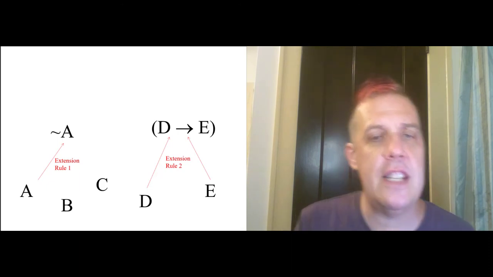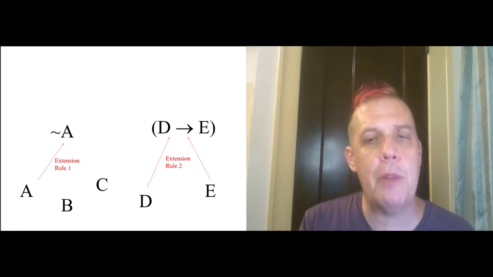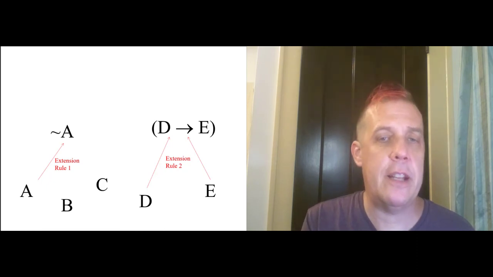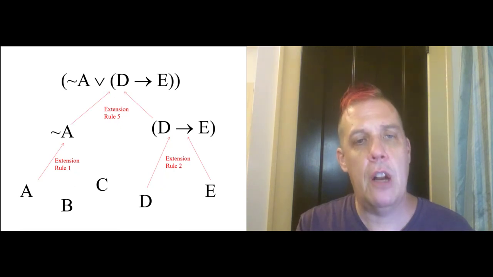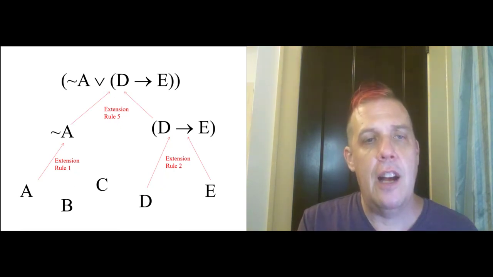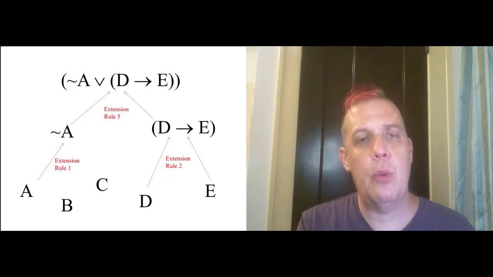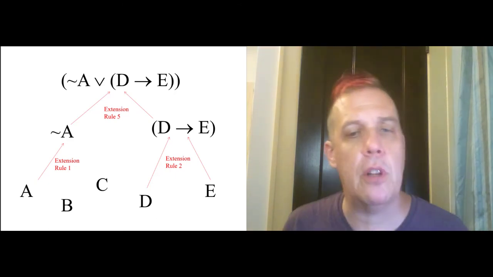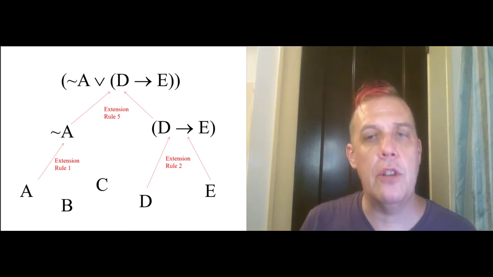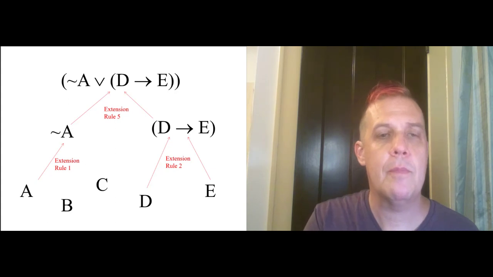It also has D implies E, because that's formed out of the things on level 1 using extension rule 2, which lets us put together D and E to get D implies E. Then we can put these two outputs together at a third level, and then we get not A or D implies E. And we know this is a sentence because it has been built up properly out of these underlying elements.